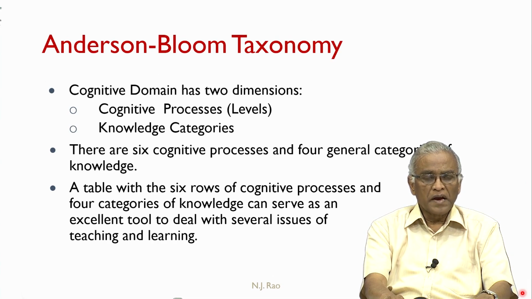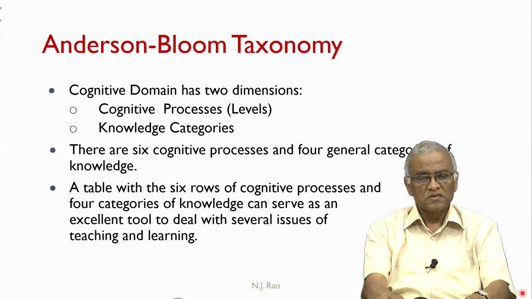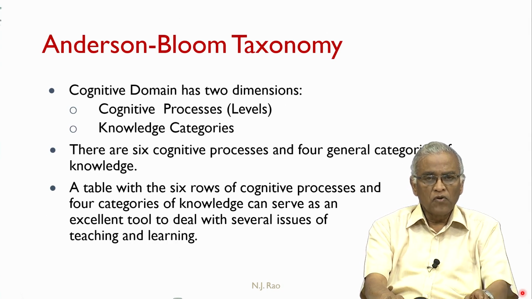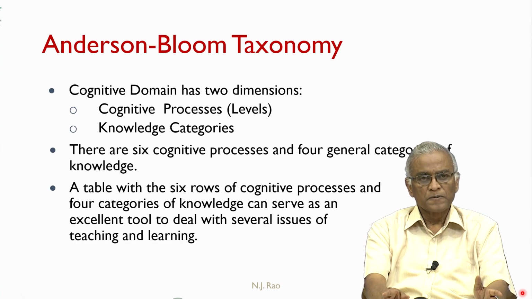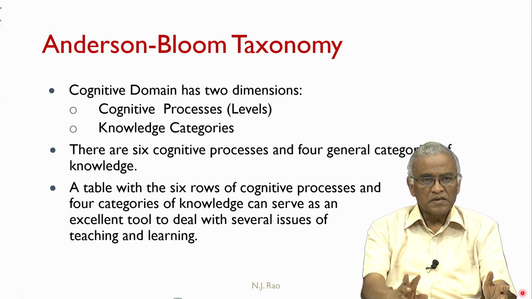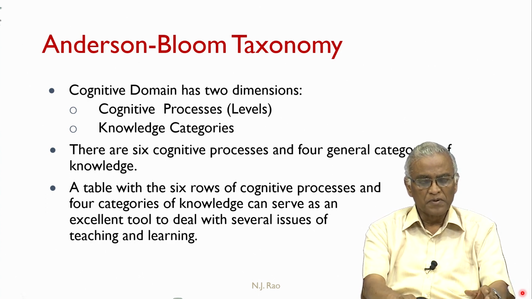And we identified 6 cognitive levels or cognitive processes and 4 general categories of knowledge. These are two dimensions. Both the cognitive processes and knowledge categories can be integrated together in the form of a table, because they are two dimensions, so you cannot mix them. So, we have it in the form of a table.